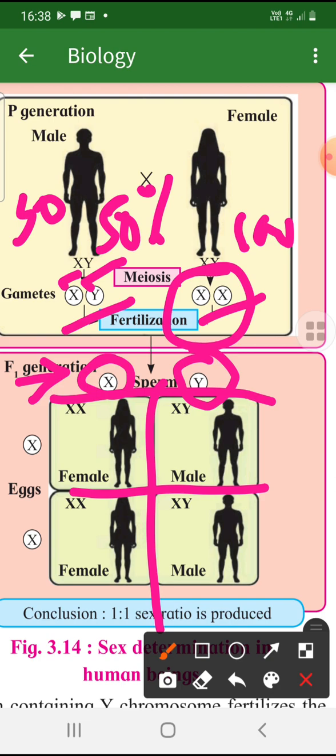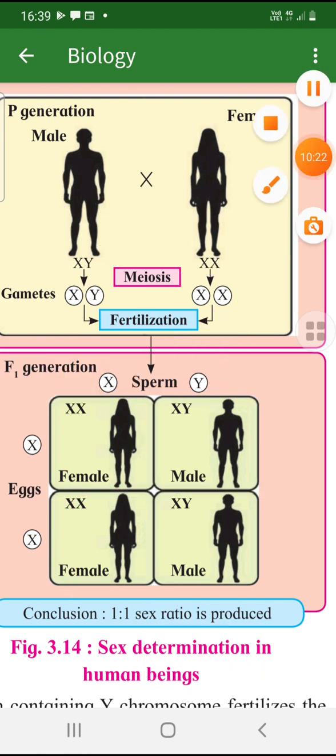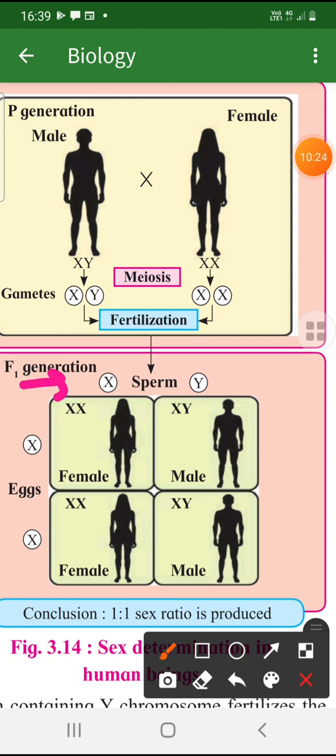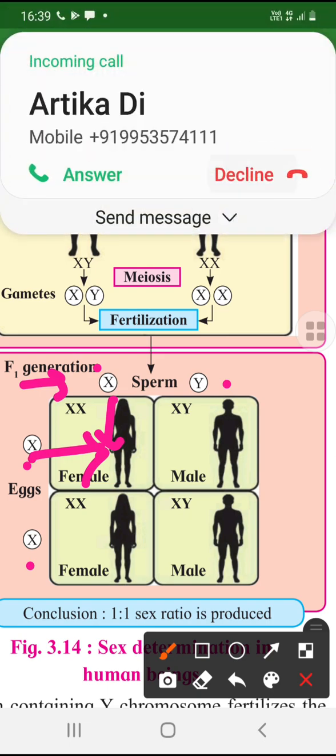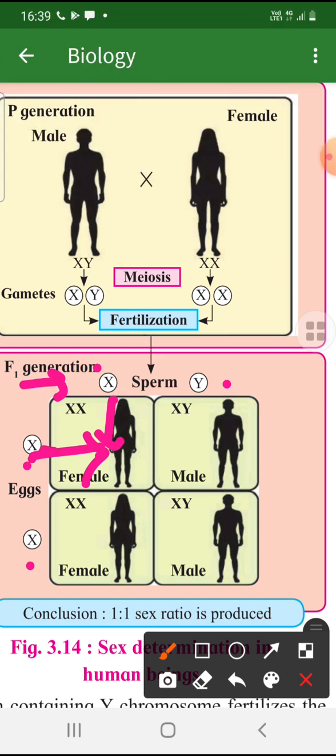So now when you draw a Punnett square, it's very easy for you to draw. एक side में you will write for male X and Y, and the side you write female. So now you can see this X and this X forms a female, and this X and this Y forms a male.